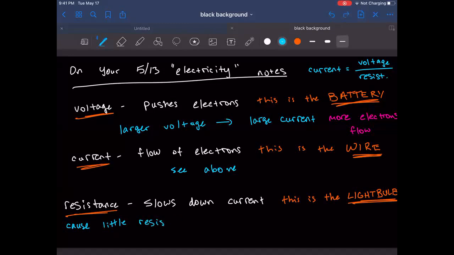Resistance. Conductors. I just want to finish this, and this is pretty much it, unless I can have some questions. More resistance, whatever. And then these are the insulators.